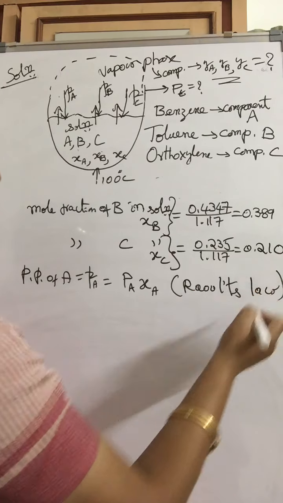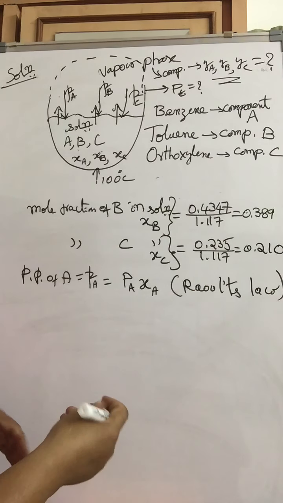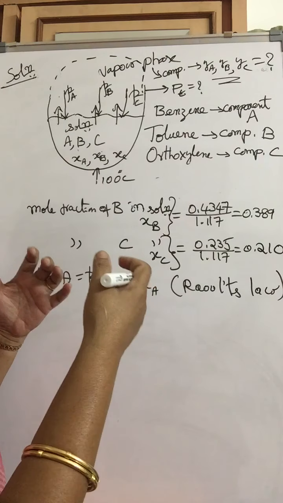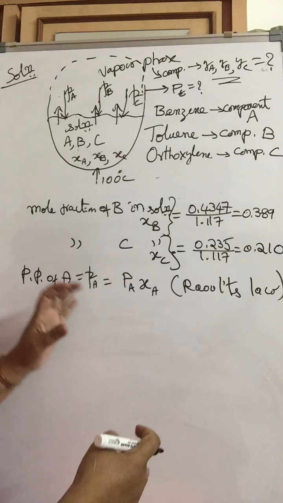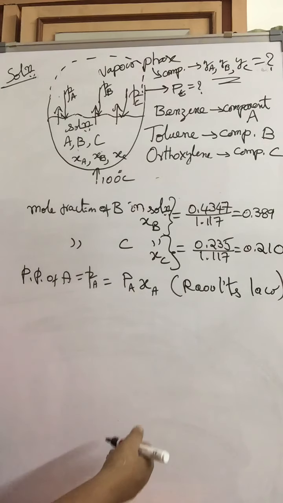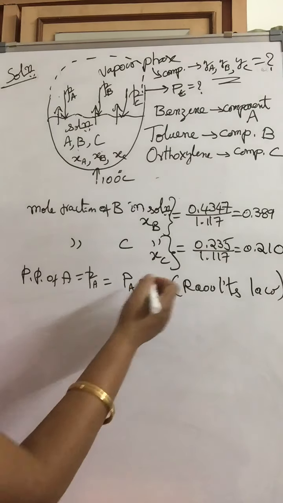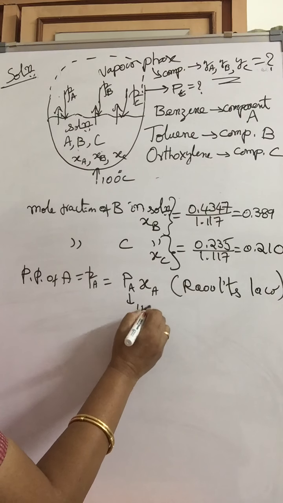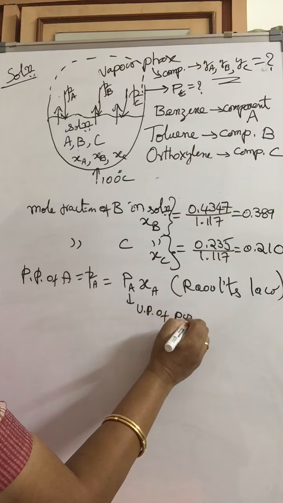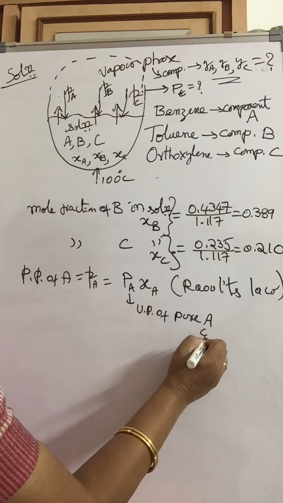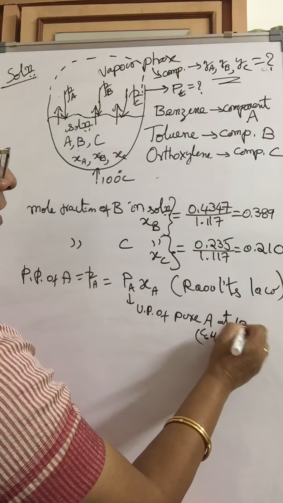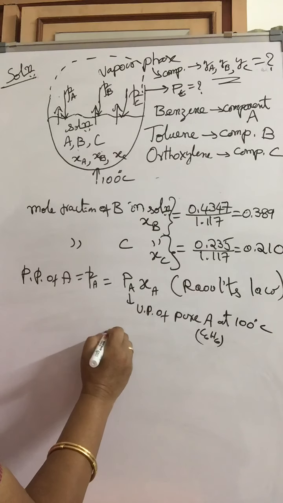This concept of Raoult's law and Dalton's law to calculate total pressure and vapor composition is explained in a separate video, so now we are applying it directly. So what is PA°? This is the vapor pressure of pure A. A is benzene at 100 degrees centigrade, which is given to you.